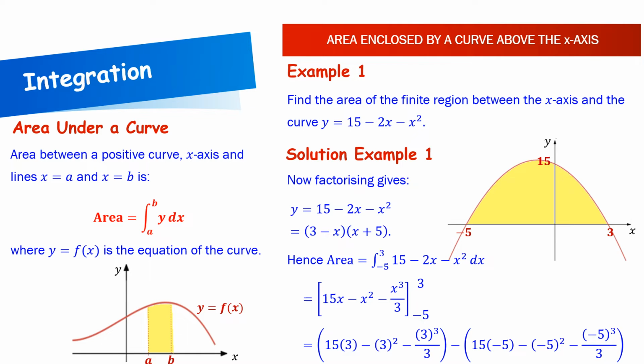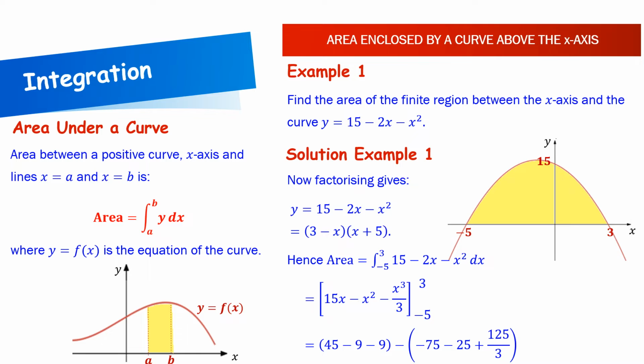And then putting in the limits, so x equals 3 here, and x equals minus 5 here. And then tidying up, gives us 8 1/3.